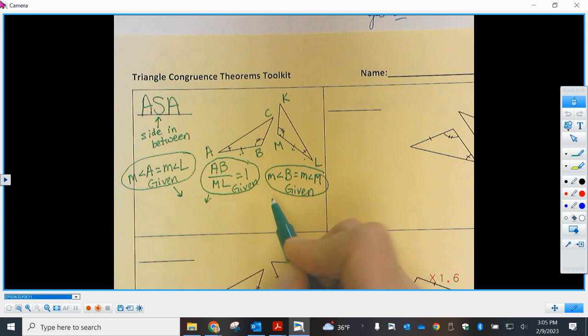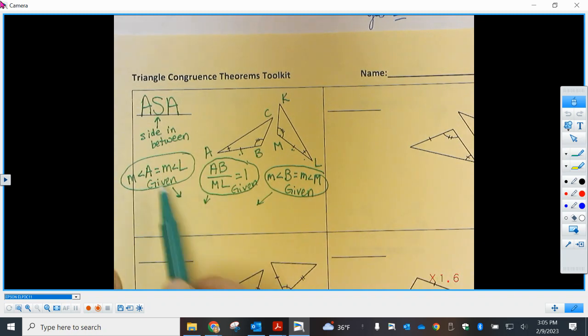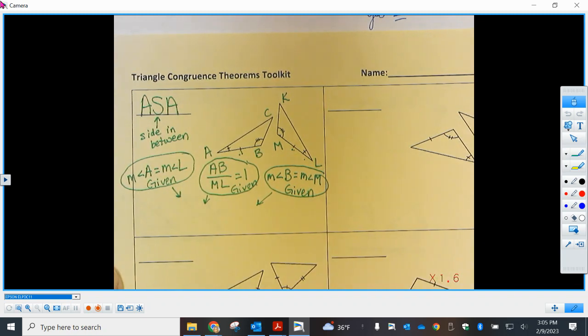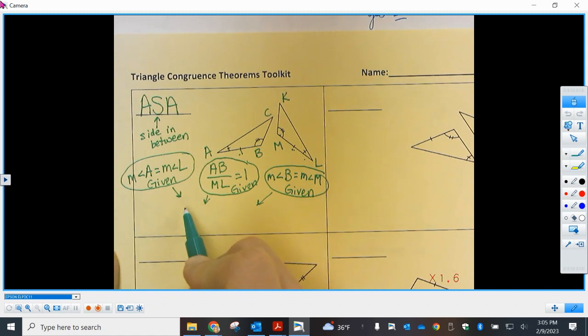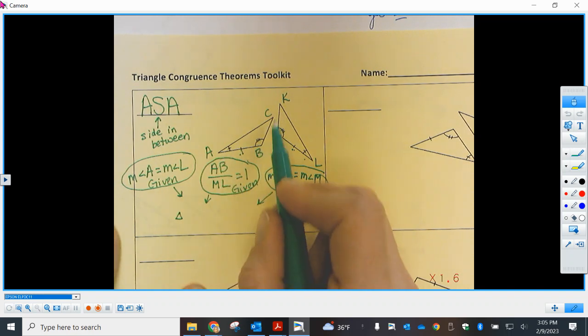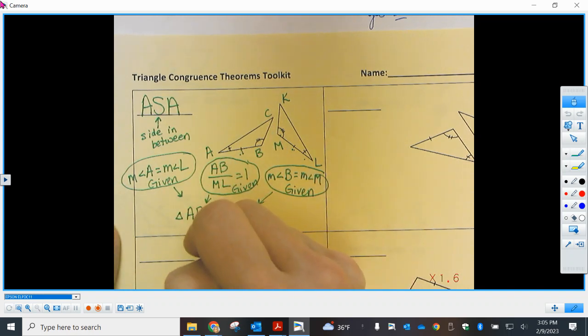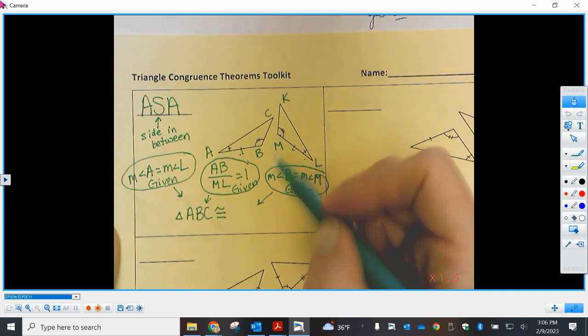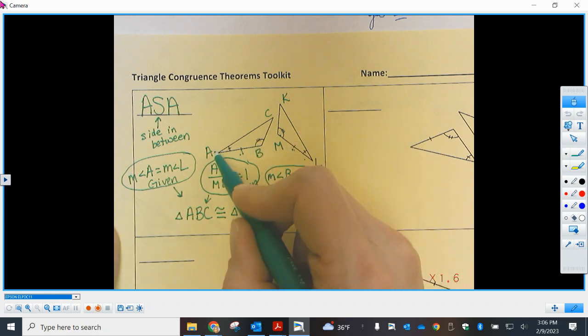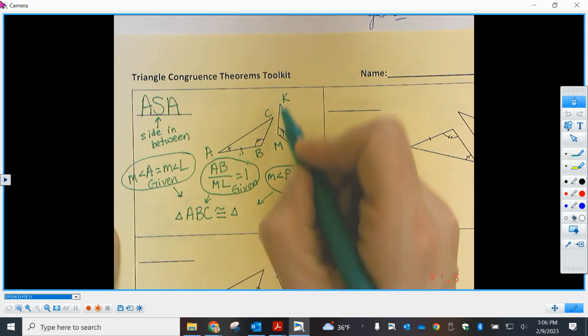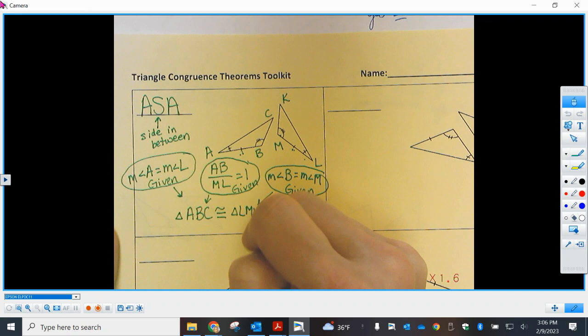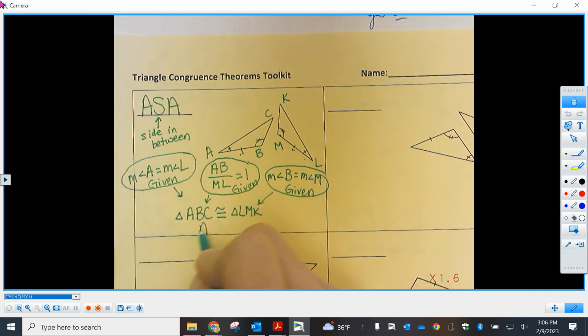So now we can change, and instead of showing similarity, we can now show a congruence. We can say triangle ABC is congruent to triangle, so we said A, B, C, L, M, K, by angle, side, angle congruence.